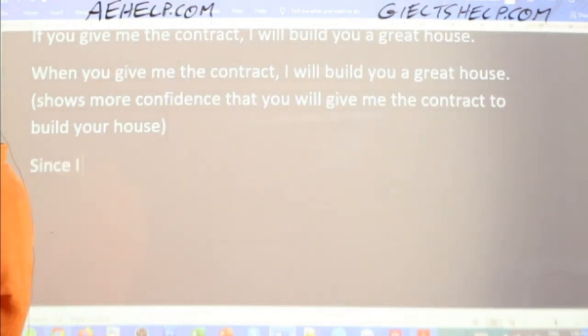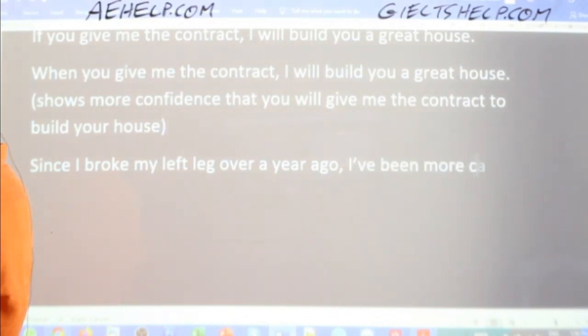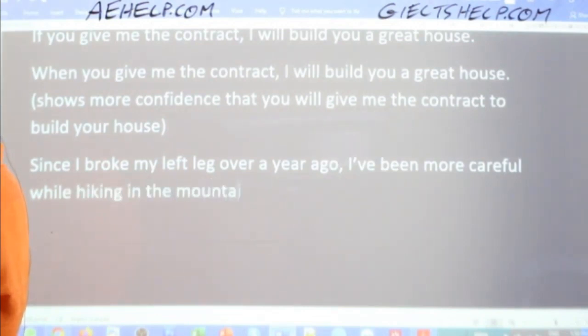since I broke my left leg over a year ago, I've been more careful while hiking in the mountains. Okay, so here there is cause and effect and time.